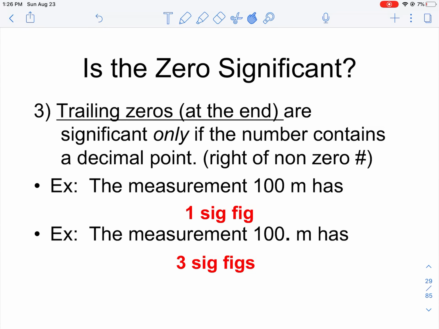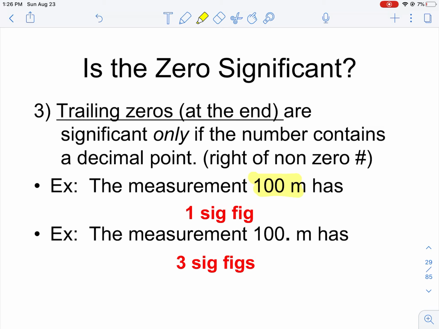The third one is kind of a tricky one, and students often forget this. This is trailing zeros, the zeros at the end of a number. We've got 100 meters. These zeros right here are trailing, 1, 0, 0. They're not significant.